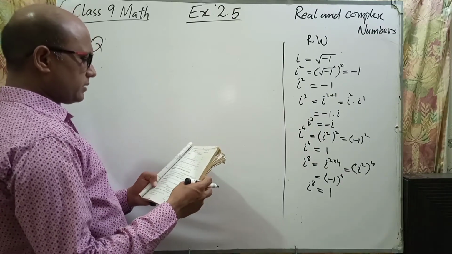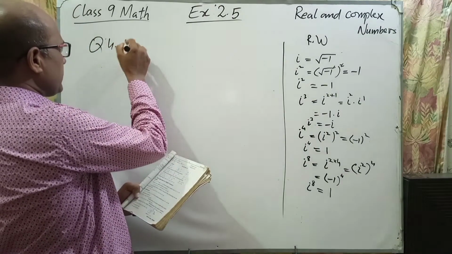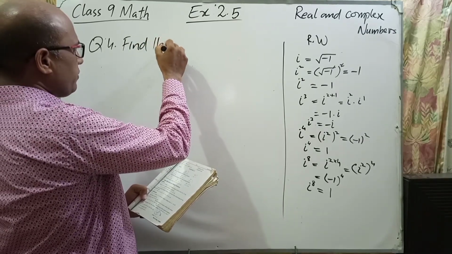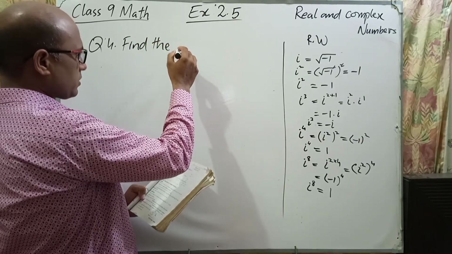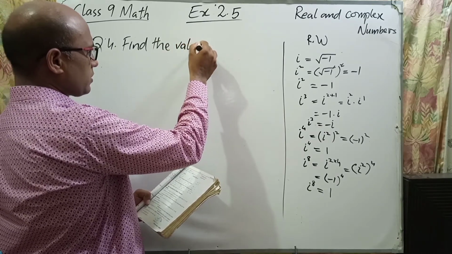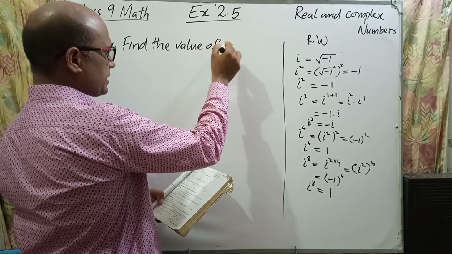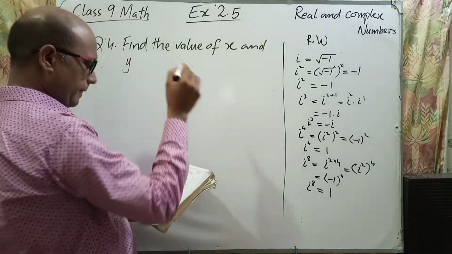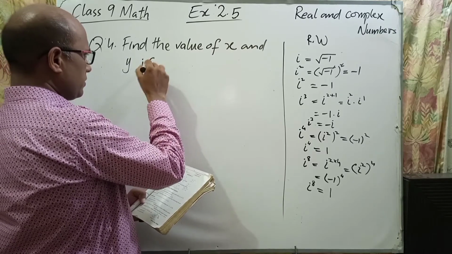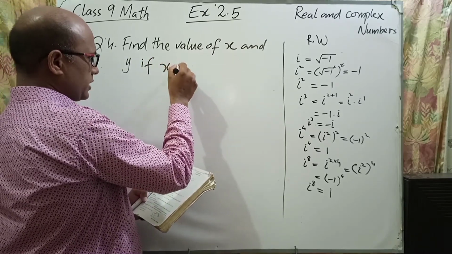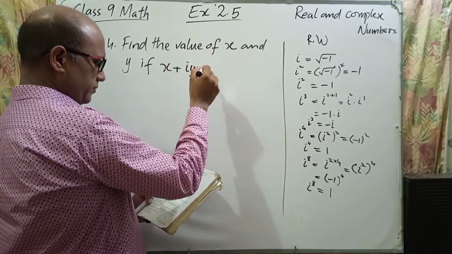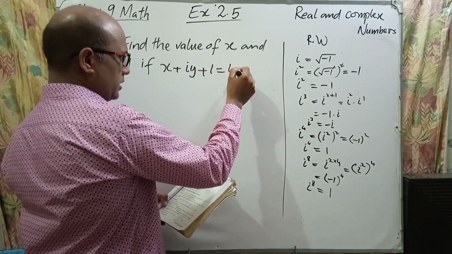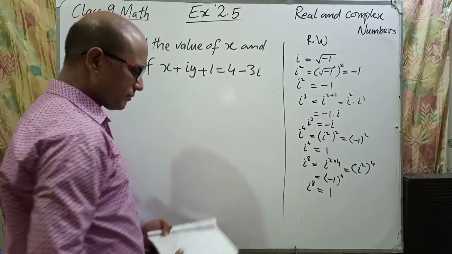In question number 4, it is written, find the value of x and y if x plus iota y plus 1 is equal to 4 minus 3 iota.